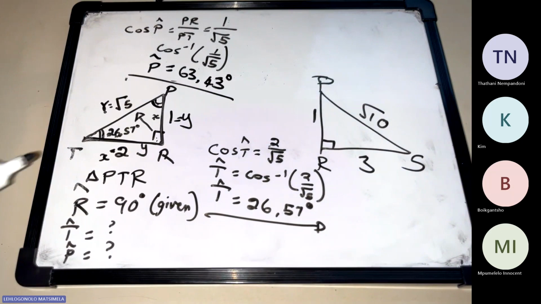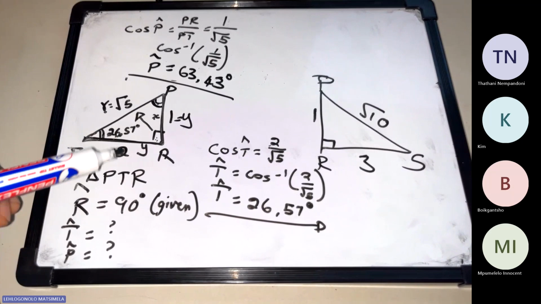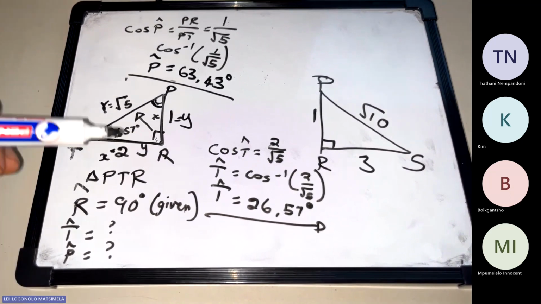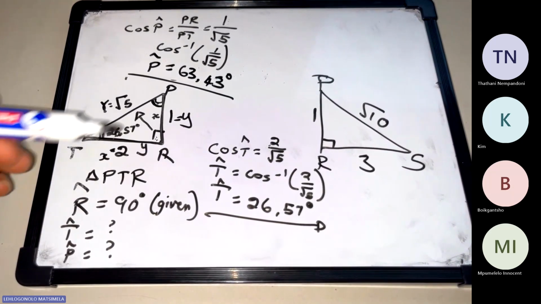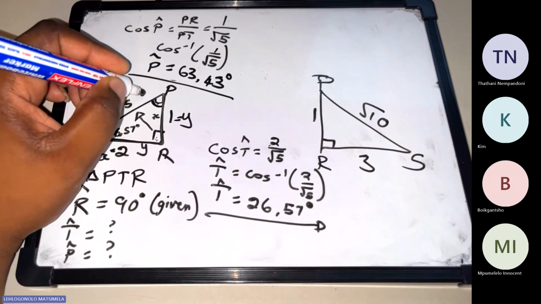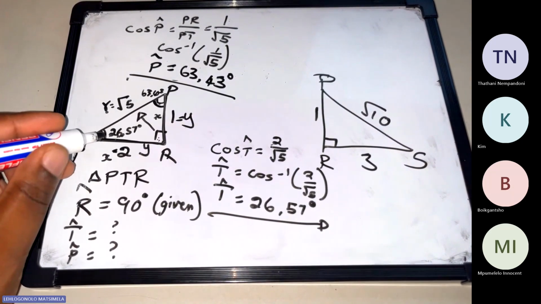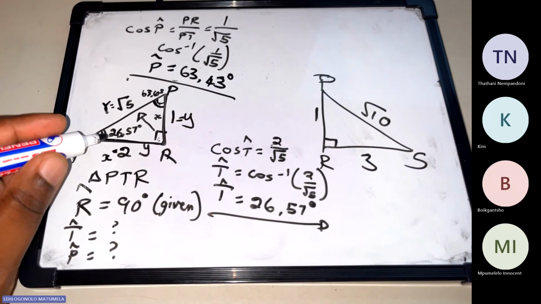Without using 90 minus to get this. Yes, it's a shortcut and it's easy to get, but now let's apply the skill of understanding the concept of what we are doing here. So the angle at P is going to be 63,43, while the angle at T is going to be 26,57.